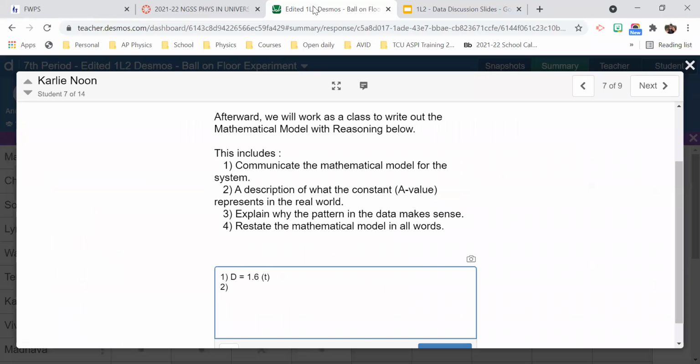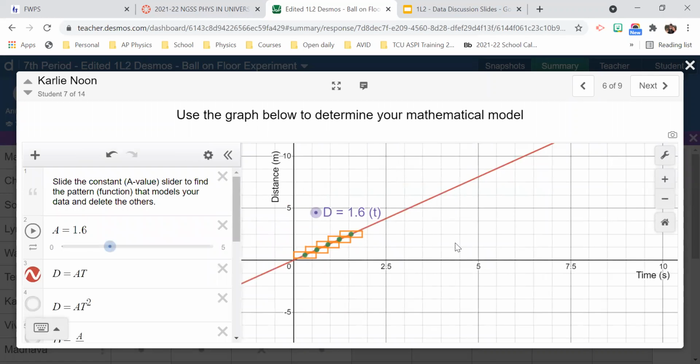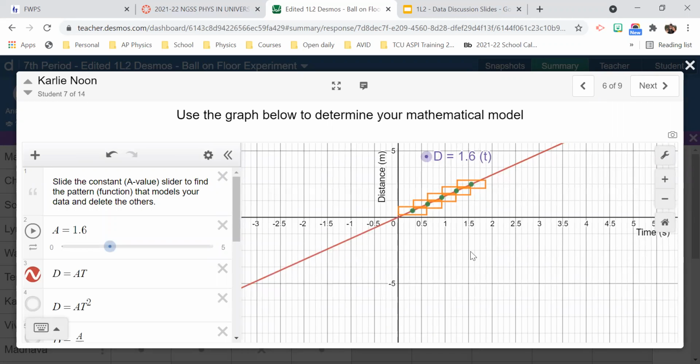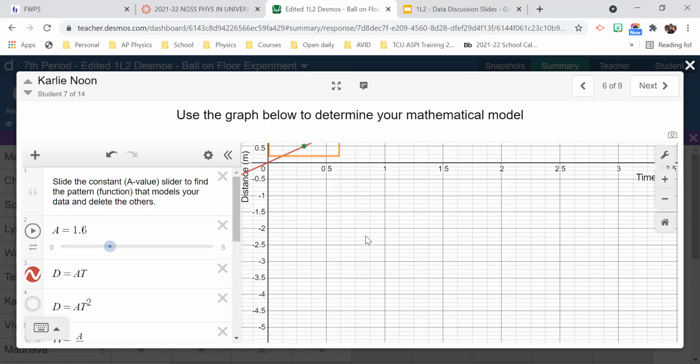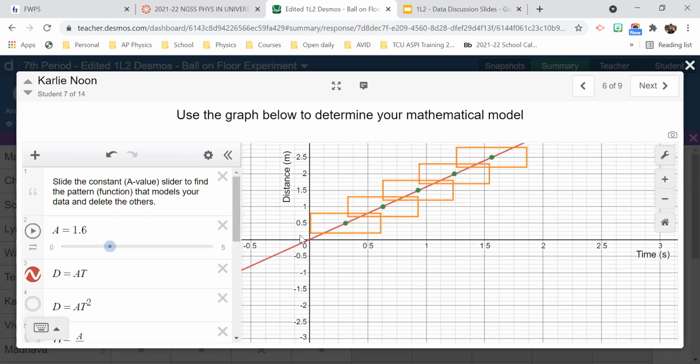Number 2, a description of what the A constant value represents in the real world. When we are looking at this, the A value represents how far that object is able to go in a certain period of time. So in 1 second, I'm able to travel 1.6, 1.7 meters.